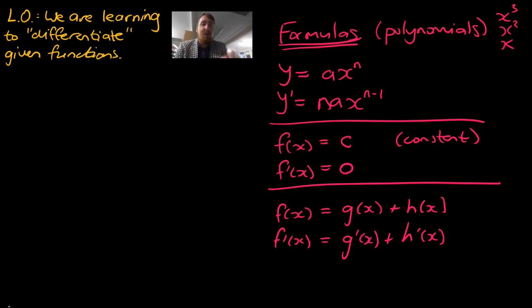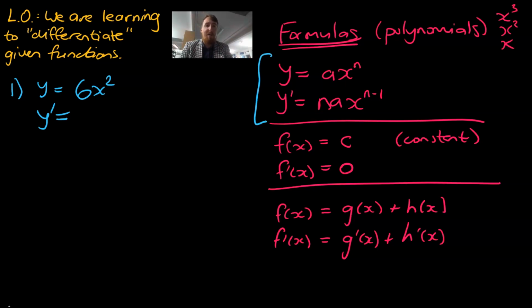Hopefully you got down the notes from before. So let's get into some questions. Let's say y is equal to 6x squared. How would we differentiate that? So I'm going to write y dash is equal. That's my notation that I'm looking for. And I suppose our starting point is this formula at the top, which would be our main formula.